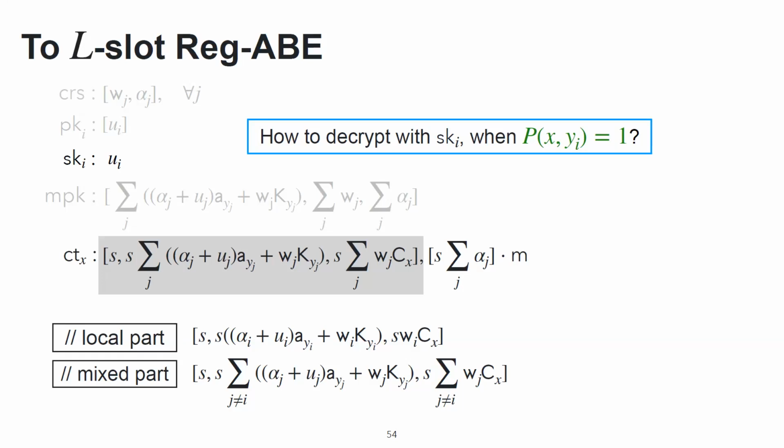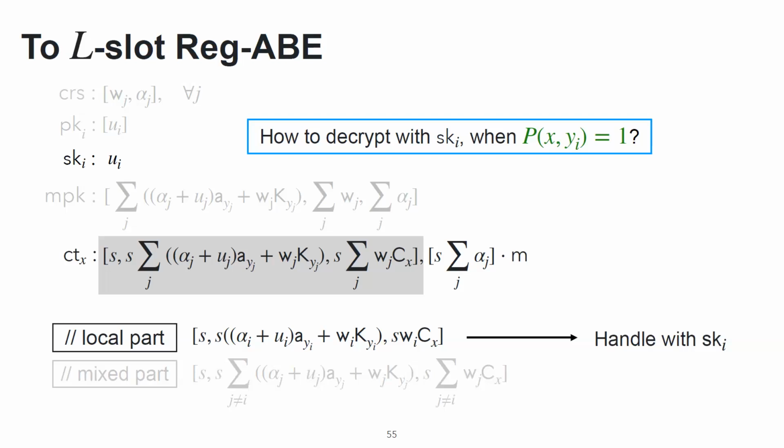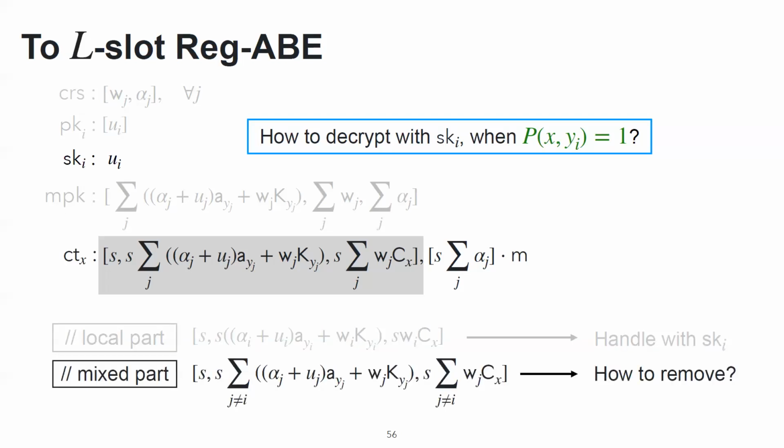For the user in slot i, the local part is exactly the ciphertext of the one-slot scheme, and the mixed part contains the terms from all other users. As you remember, the local part can be handled with the user secret key, just like the decryption in the one-slot scheme. So the question is transformed to how to remove the mixed part.